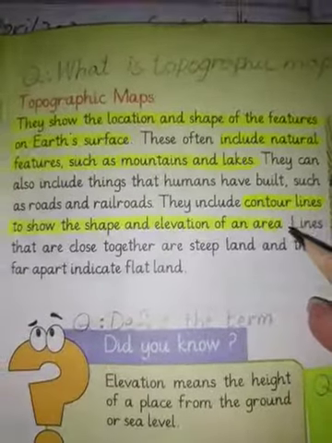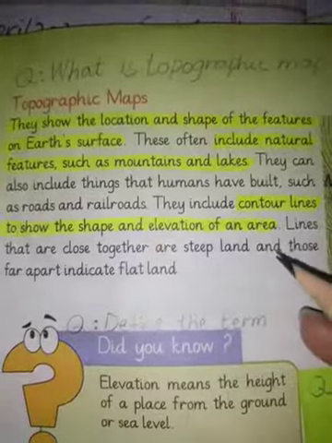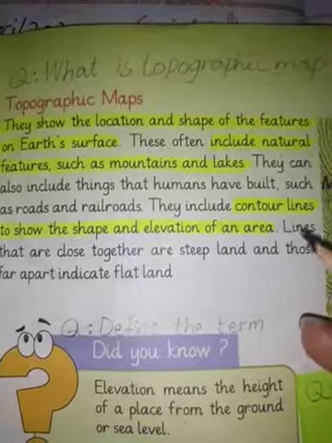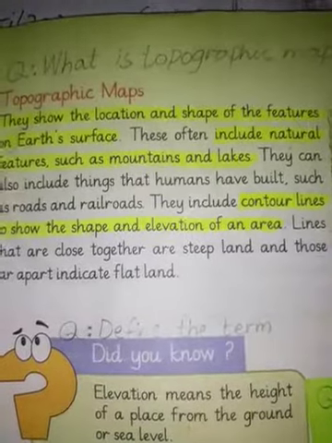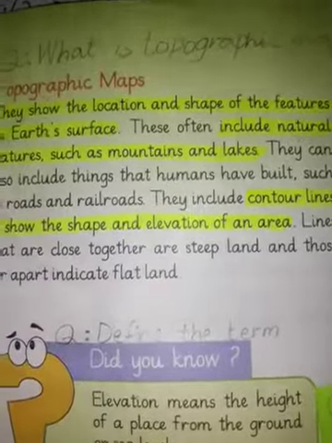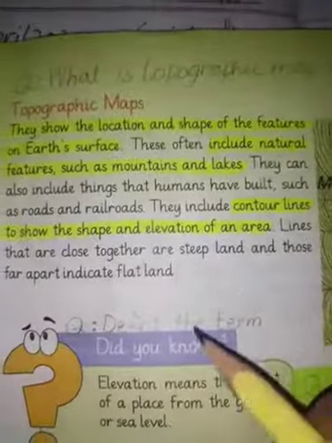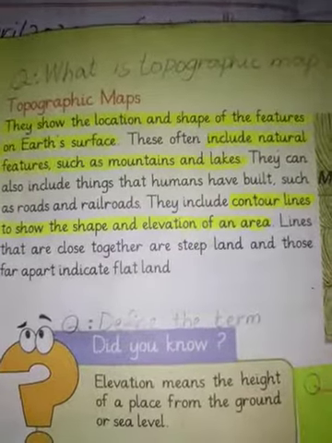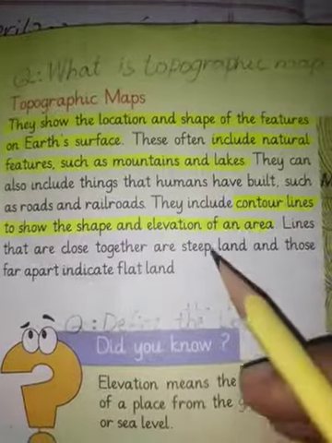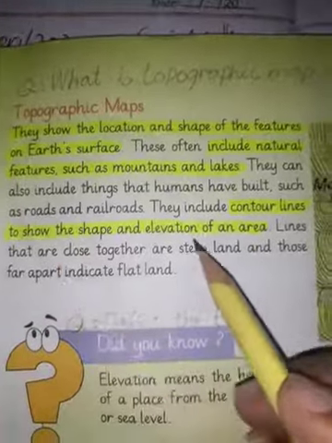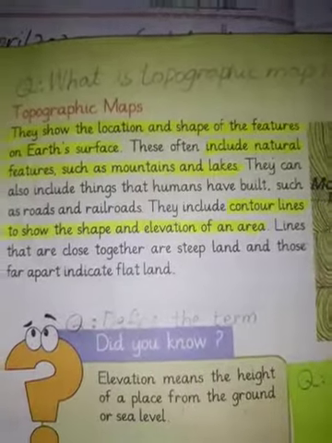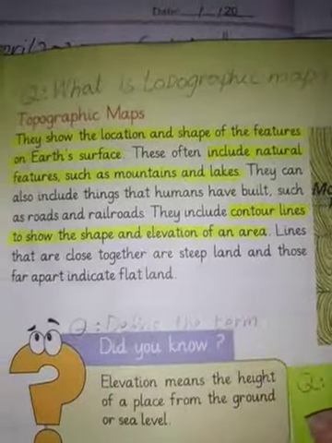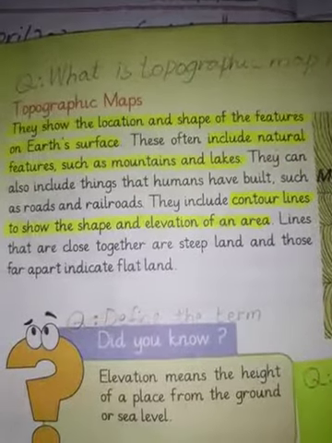These kinds of maps give us the information about heights which are man-made as well. And actually topography concerns the shape and character of Earth's surface. So we can say that the contour lines are the key features of this kind of map. Contour lines show the shape and elevation of an area. Lines that are close together are steep land, and those far apart indicate flat land.